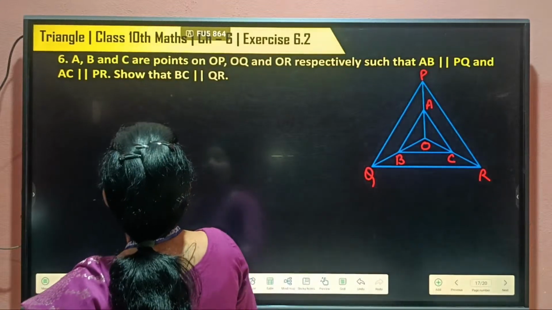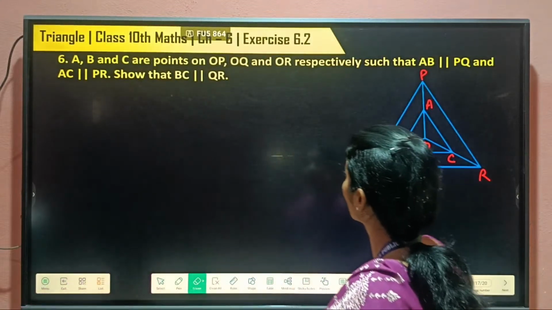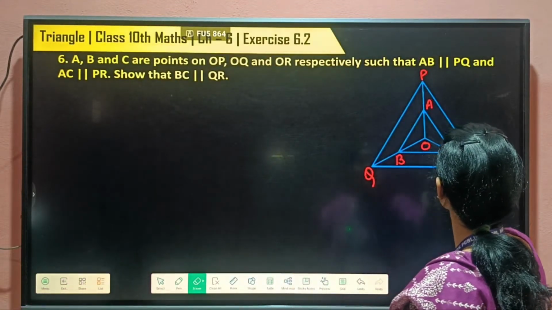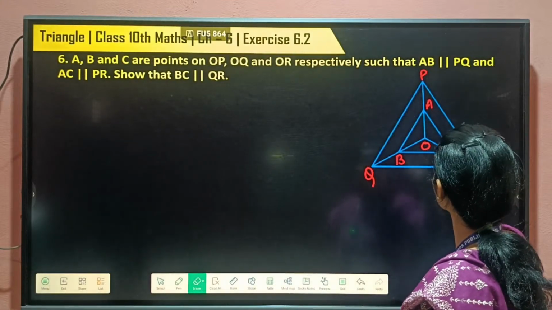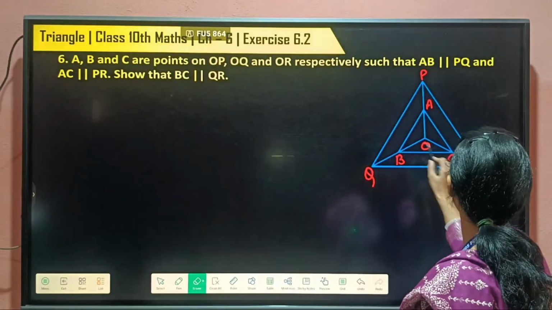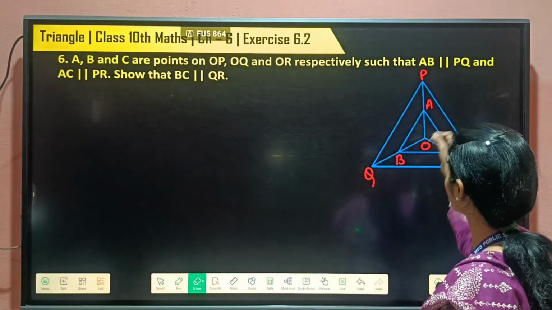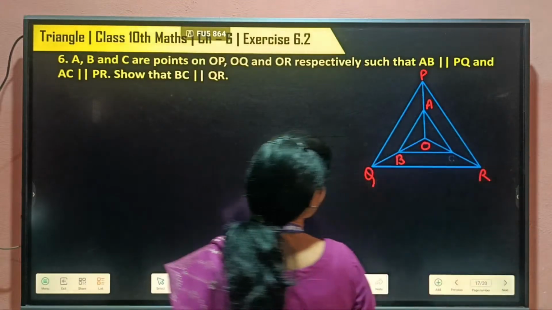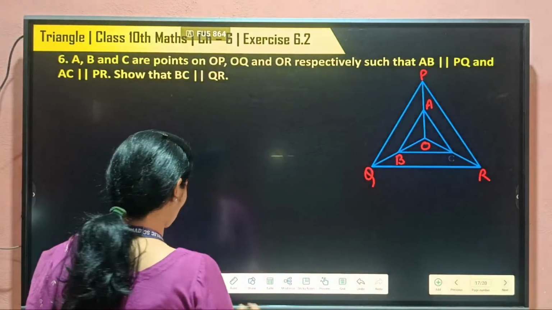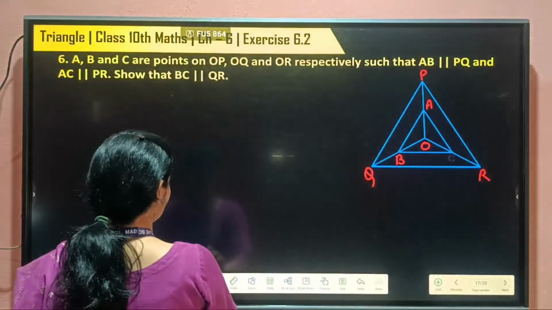Now see. A, B, C are points on OP, OQ, OR respectively, such that AB is parallel to PQ. What is given?